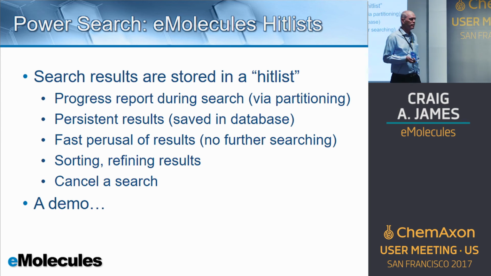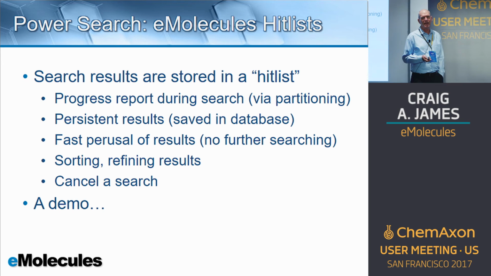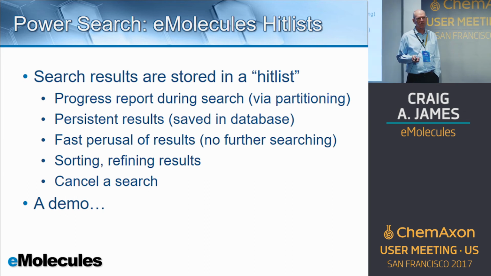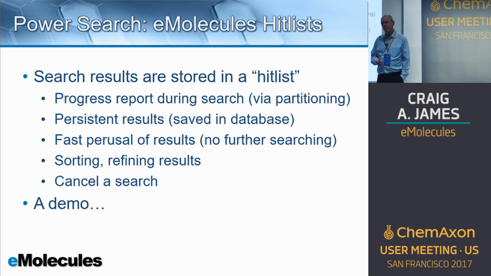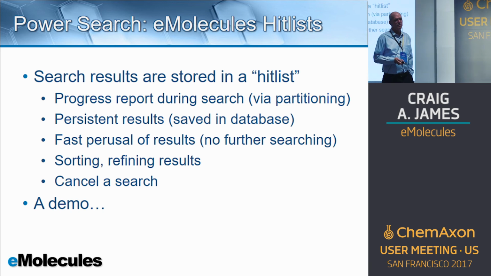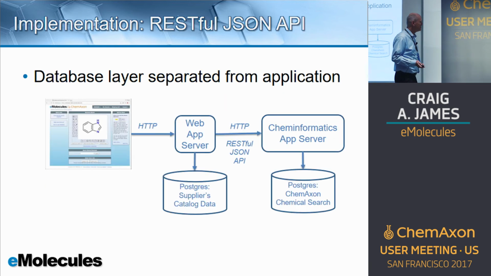It's probably because it's running on our development server, which is also doing maintenance at the moment. So don't expect great performance. And also we have it on a modest computer in the cloud. The actual ChemAxon database is not at our normal eMolecules site. It's in a cloud server that we just rented for a while. So you're welcome to try that and poke around with it. And it won't be available tomorrow, so enjoy it while it's there.